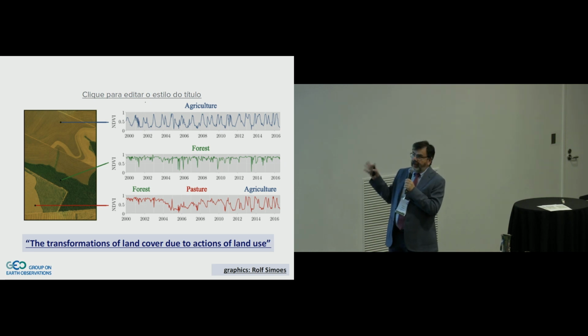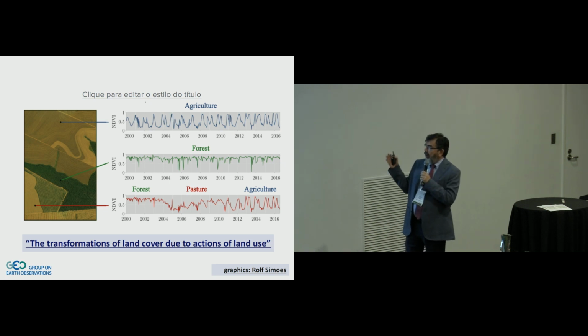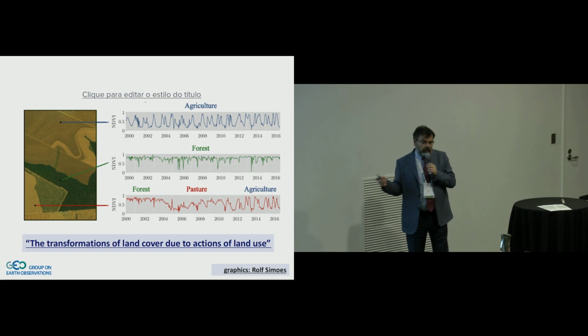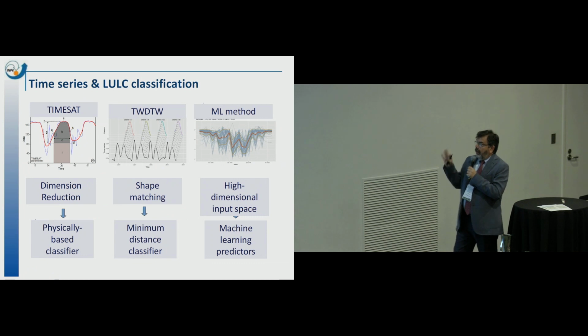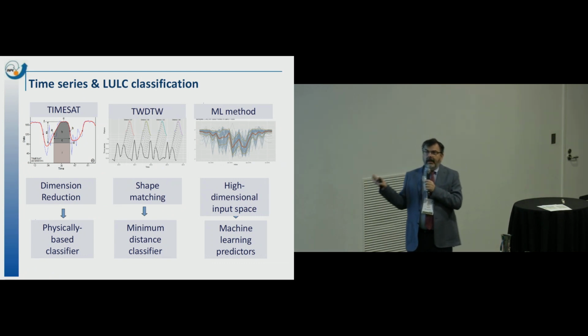You're not interested in saying, okay, this is agriculture. But if you want to understand the change, you need to be able to decode these things. It's anything but easy. But the end result is what we call land use trajectory, which is the transformation of land cover due to actions of land use. So, again, I'm not going to bore you with these details, but they exist and they are important.